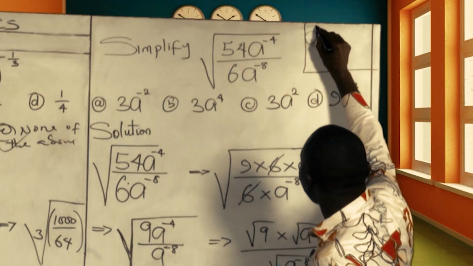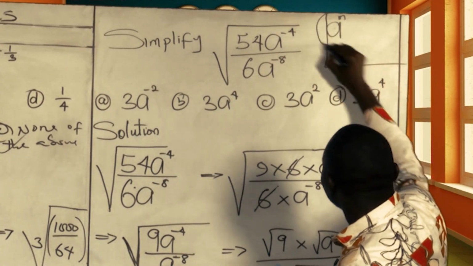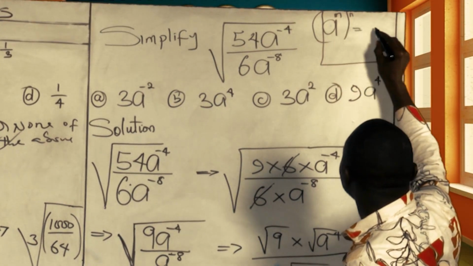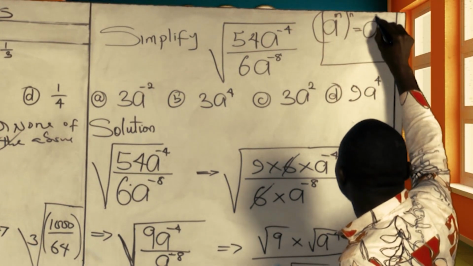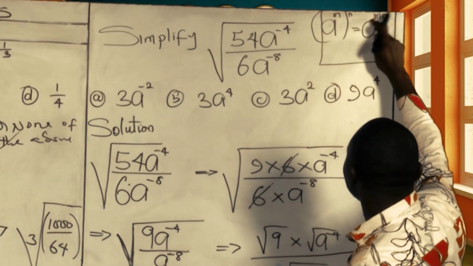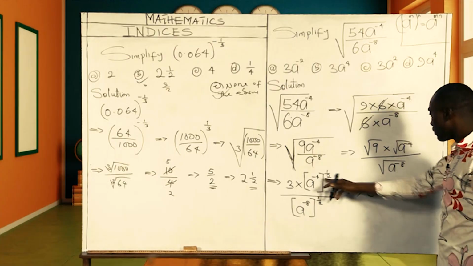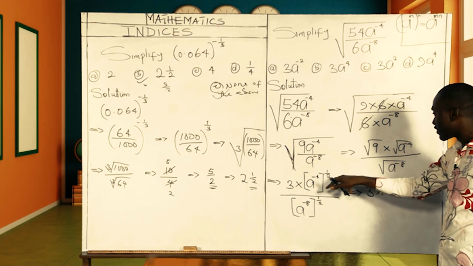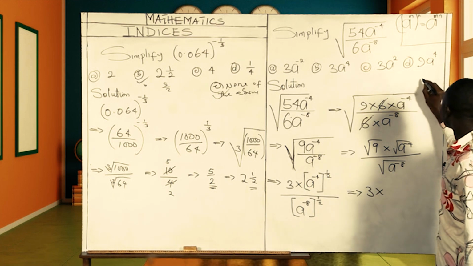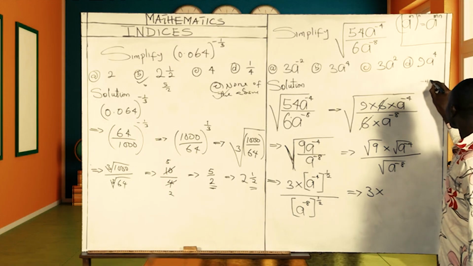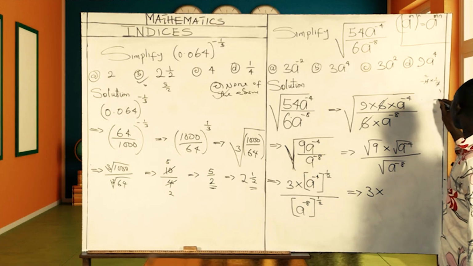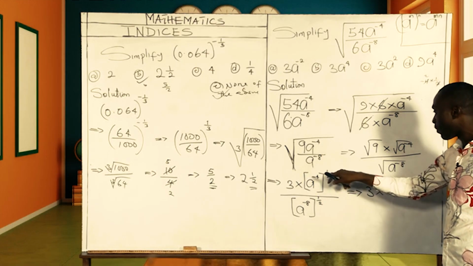A raised to the power of m raised to the power of n equals a raised to the power of mn. That is the product. Now let's find minus 4 times 1 over 2. 2 here 1, 2 here 2. We have minus 2 times 1. That will give us minus 2. So the product of these powers gives minus 2.